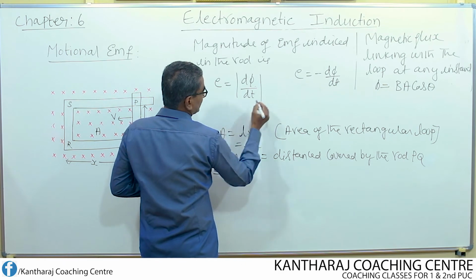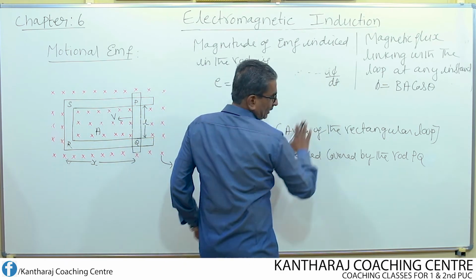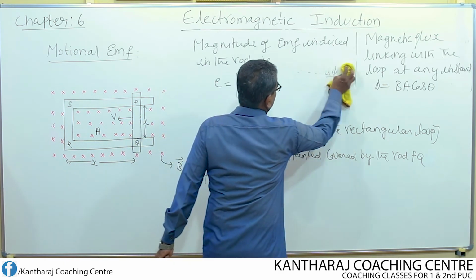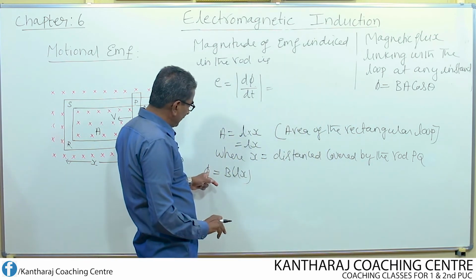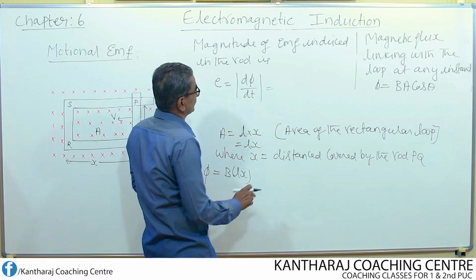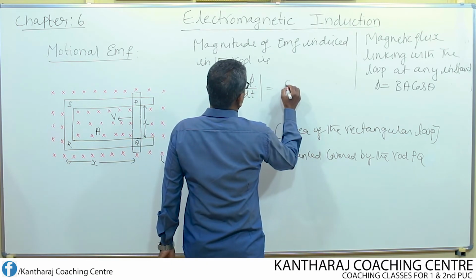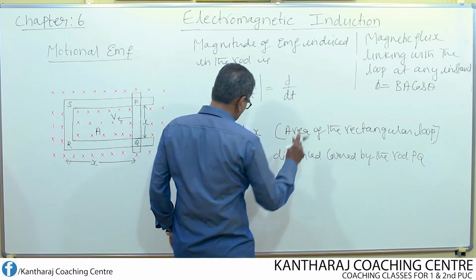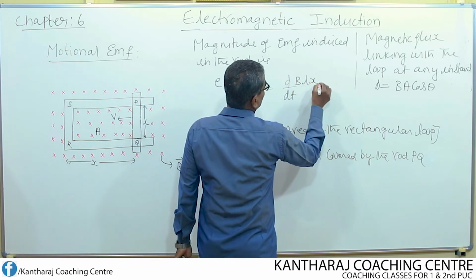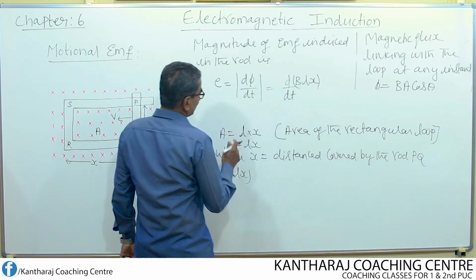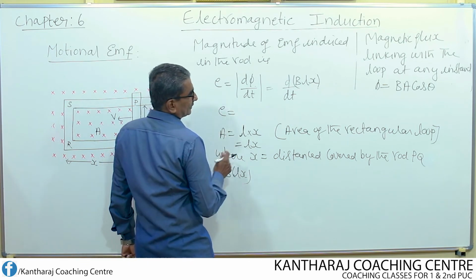Let us substitute now. Substituting phi equal to B into L into x, we get d by dt of B L x.